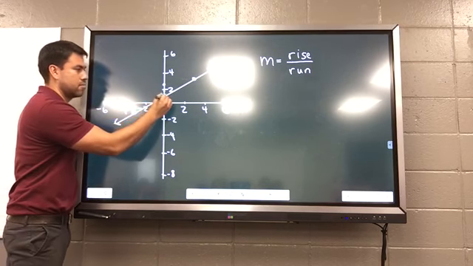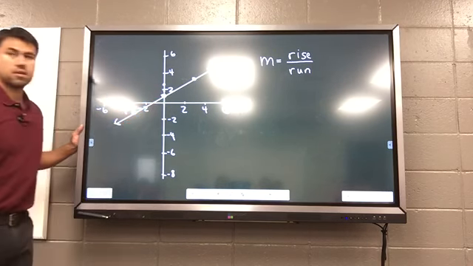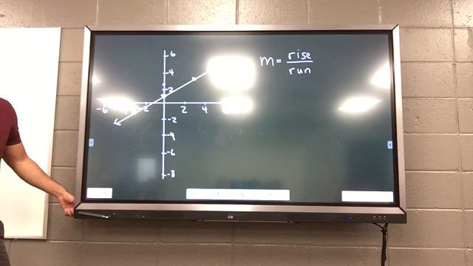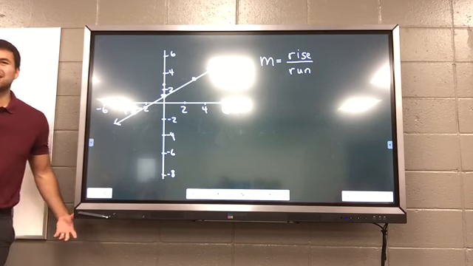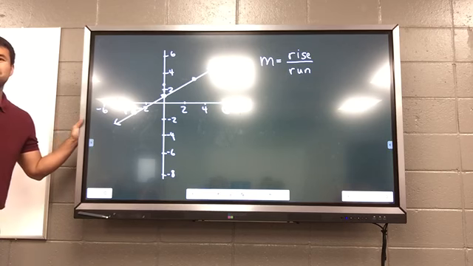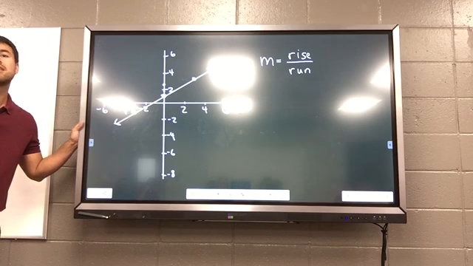Up 1 to 2, and then up 1 to 3 until I'm horizontal with the other dot. So then I'd say the rise would be 3. Then I'd see how many times I go to the right, and I'd go 3 times to the right. So I'd say the run is 3. So the rise over the run is 2 over 3.